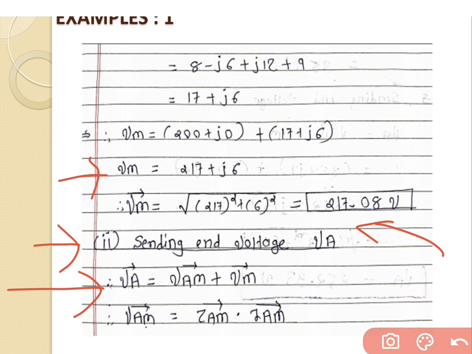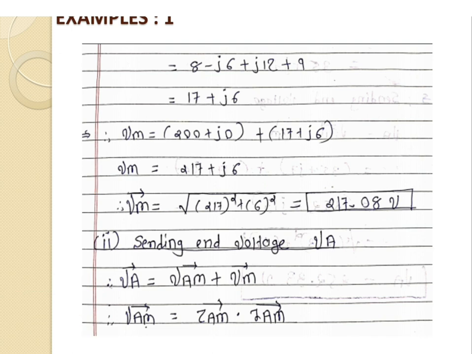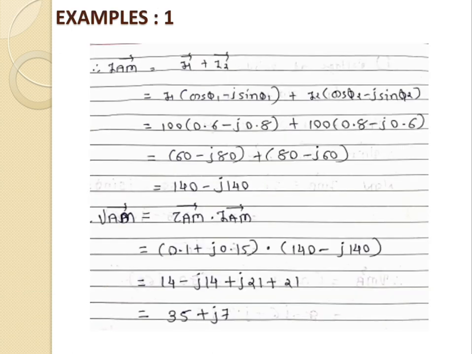If we have to calculate Va, we must require the value of Vam. So go for the calculation of the Vam. The equation for the Vam is equal to Zam into Iam. So Iam, the current flowing through the Am section, is I1 plus I2.